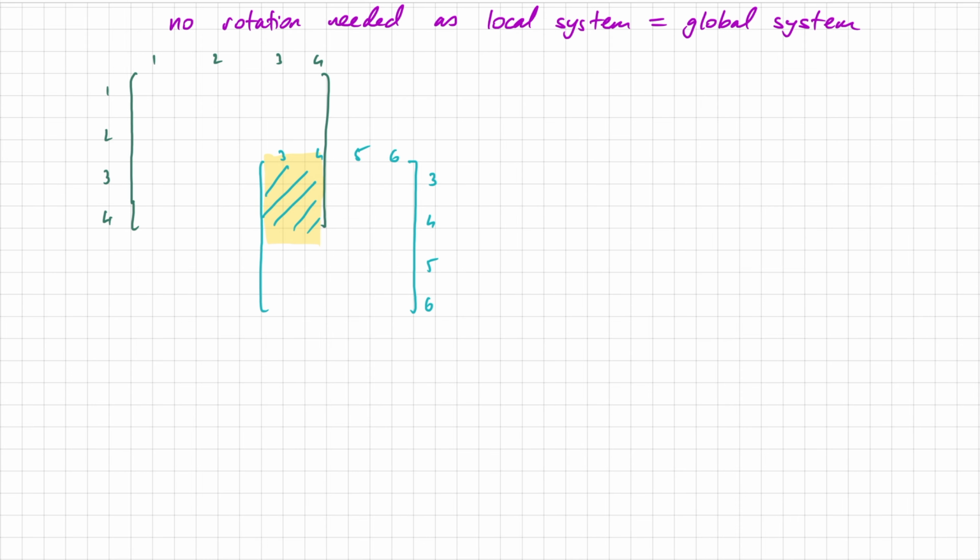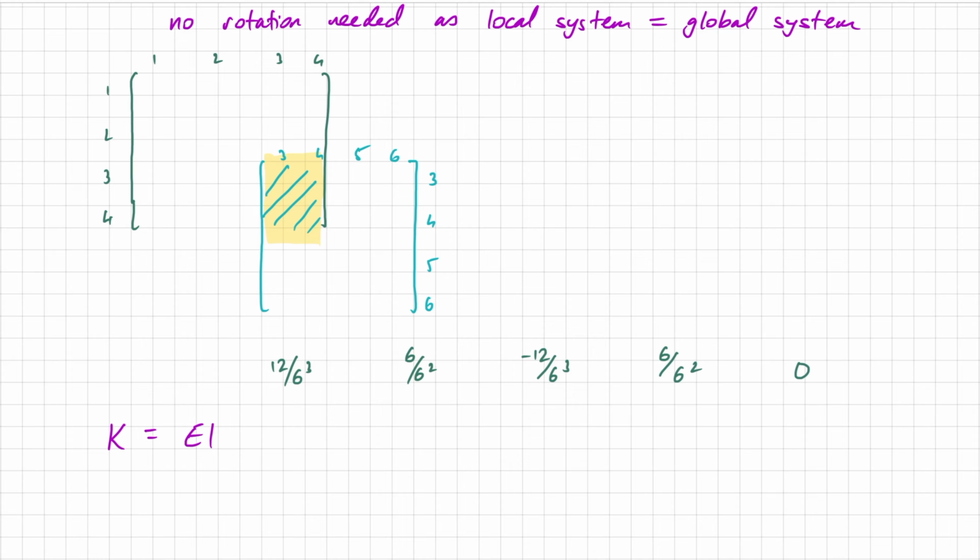So my stiffness matrix is going to be, let's see, EI. And now I'm going to add in all the different parts of the matrix. So from my first matrix, I've got 12, and I'm putting in the lengths as well, over 6 cubed. Then I've got 6 over 6 squared. Then I've got minus 12 over 6 cubed, and then 6 over 6 squared.